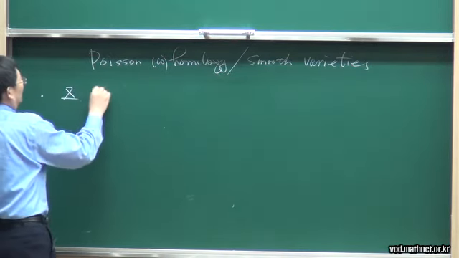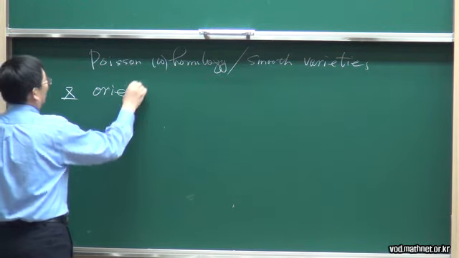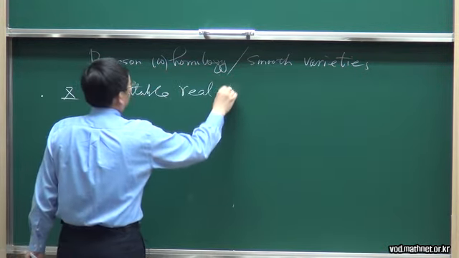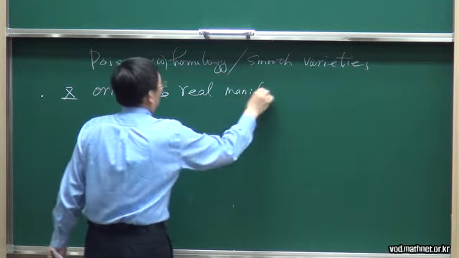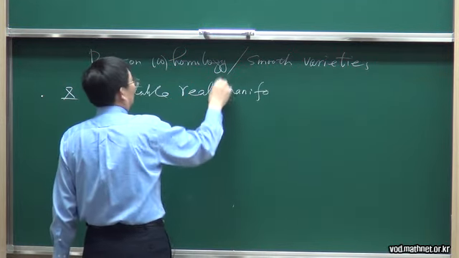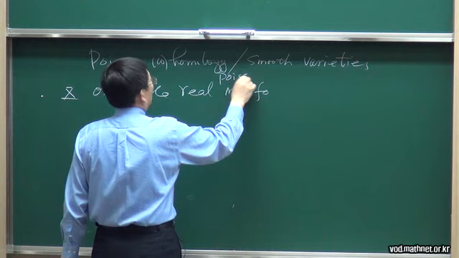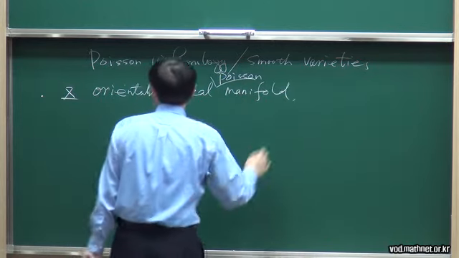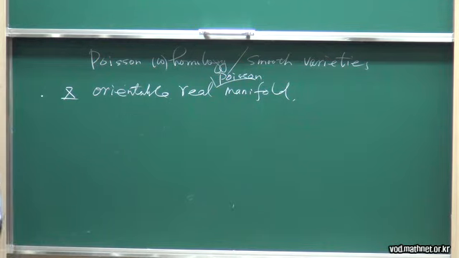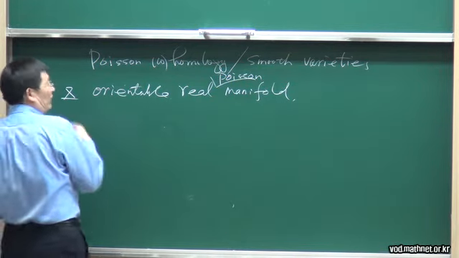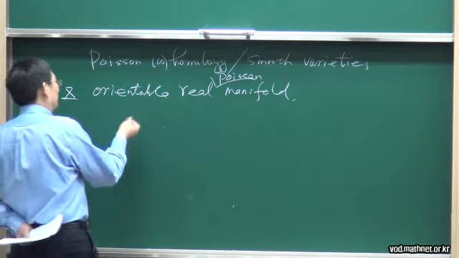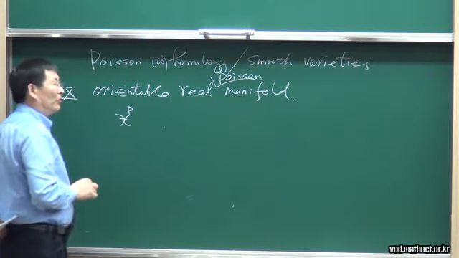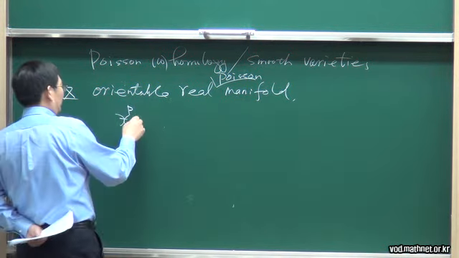If X is an orientable real Poisson manifold, then we can define Poisson cohomology. That's defined by multi-vector fields.